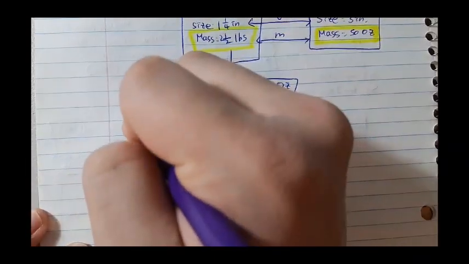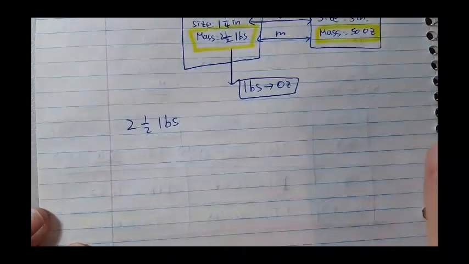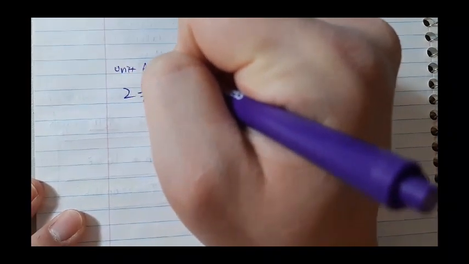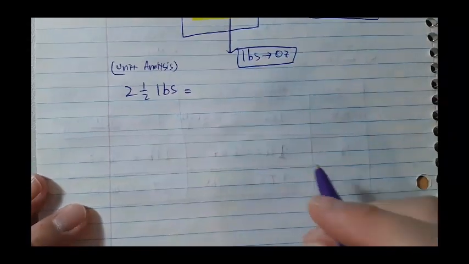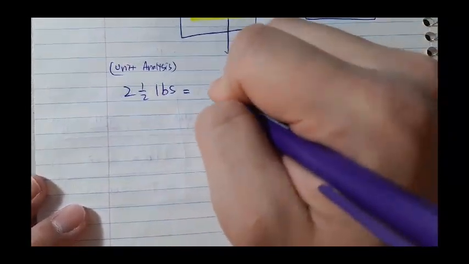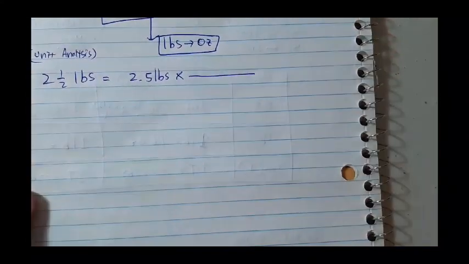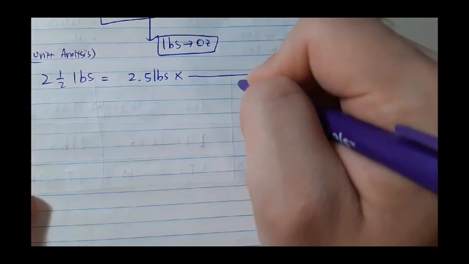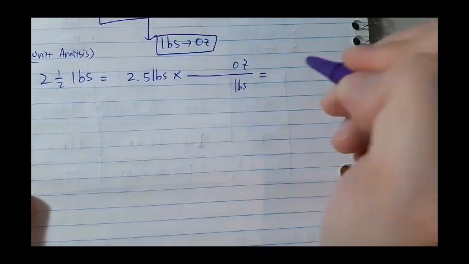And we are going to use our unit analysis method. First thing first, 2.5. Now, to make a unit analysis, we know that the original unit that I don't want, put it at the bottom, and the unit that I want, put it on the top.